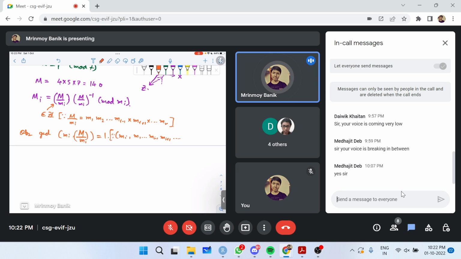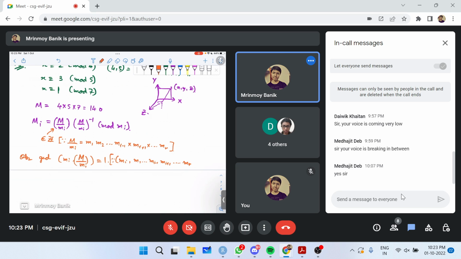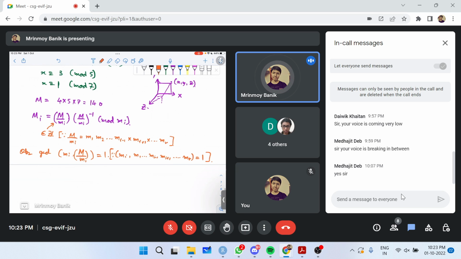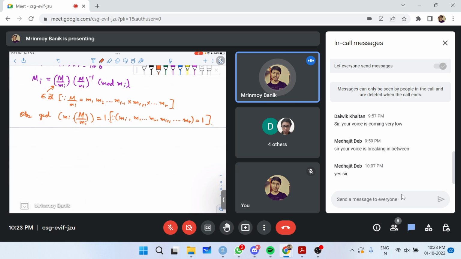That means mj and mi have a common divisor, which would violate our assumption that they are relatively prime. So mi and M by mi are relatively prime, and that implies M by mi is inside the reduced residue class of mi.